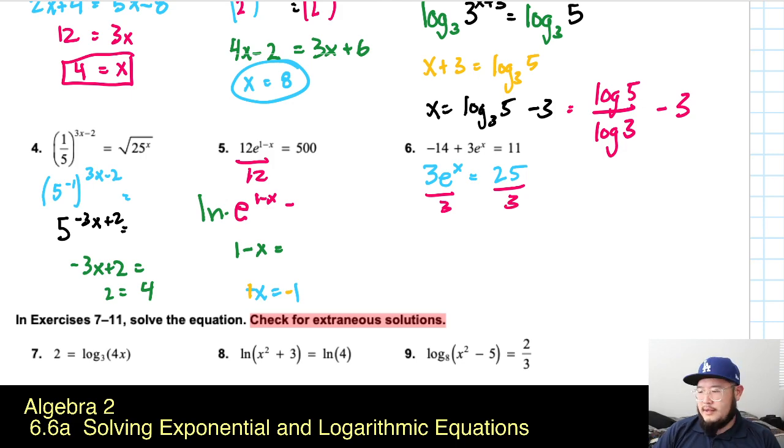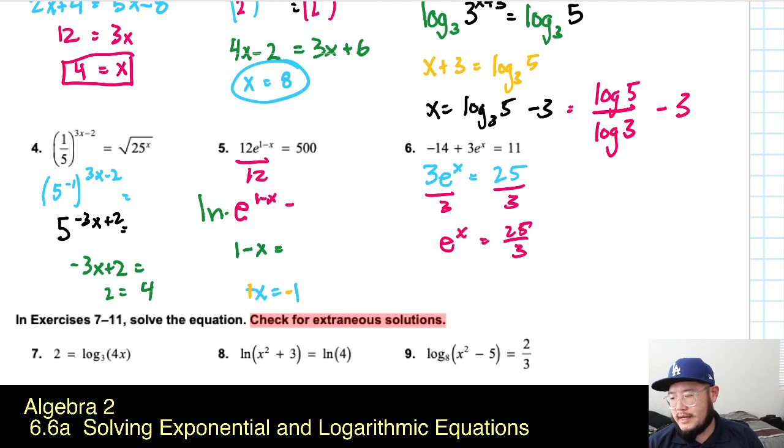All right. We now get rid of the e by multiplying both sides by ln. We did a similar step right here on number 5. And so now I have x is equal to ln 25 over 3.